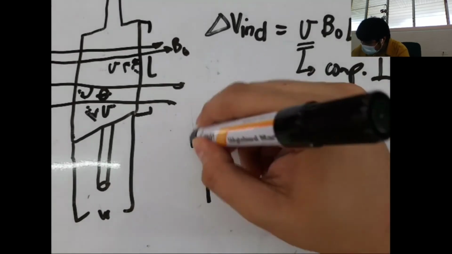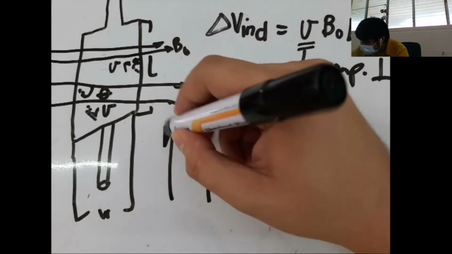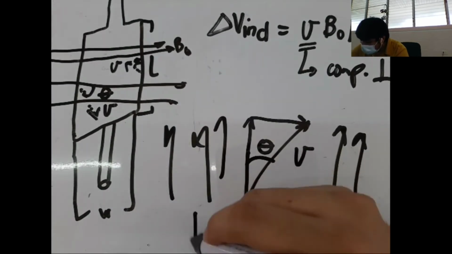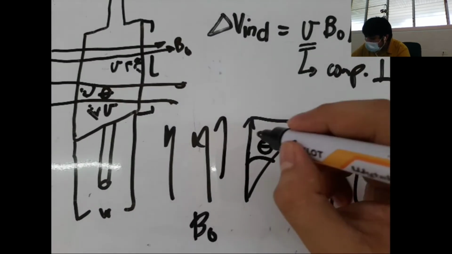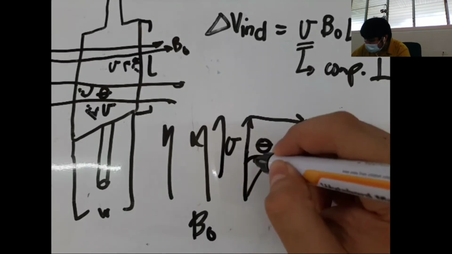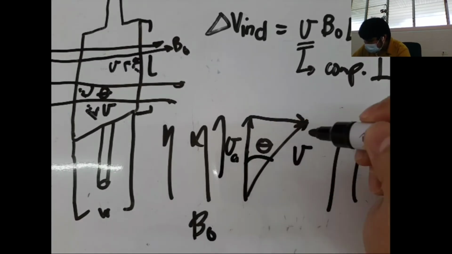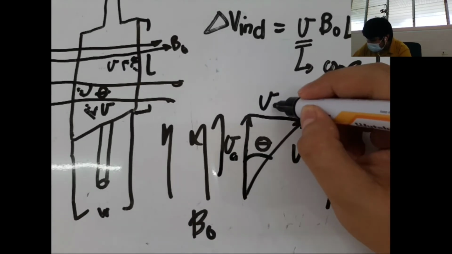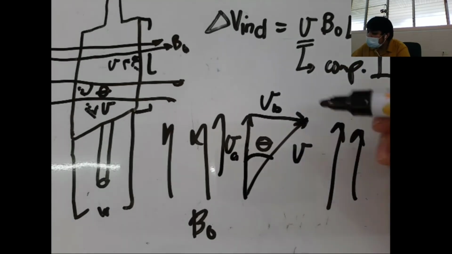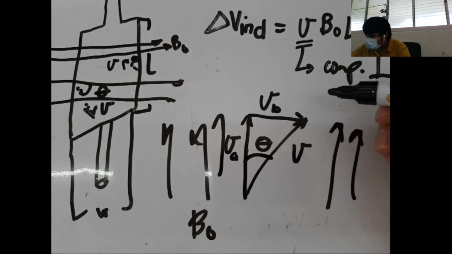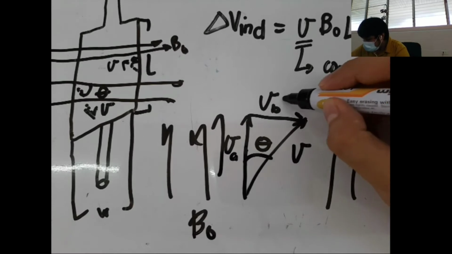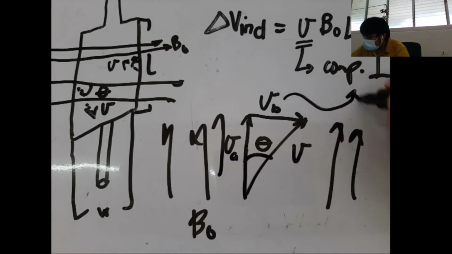Now our magnetic field lines point in this direction. These are our magnetic field lines. So we have two components here. Let's say this one is VA and this one is VB. If you can see, the one perpendicular to the magnetic field lines is the component VB.